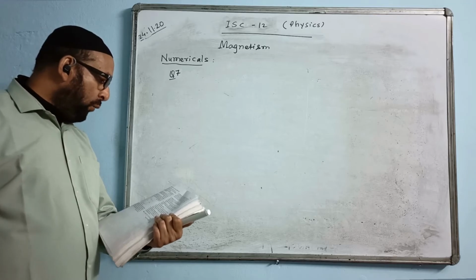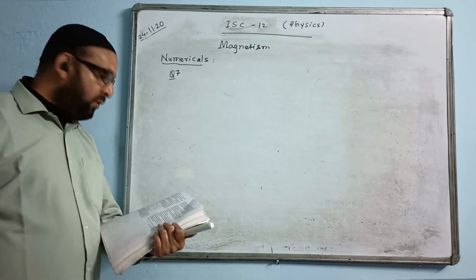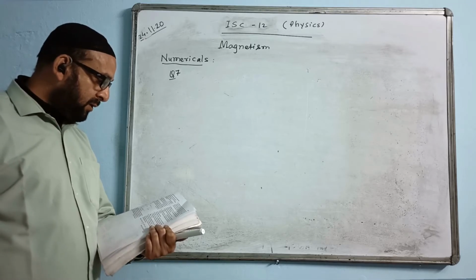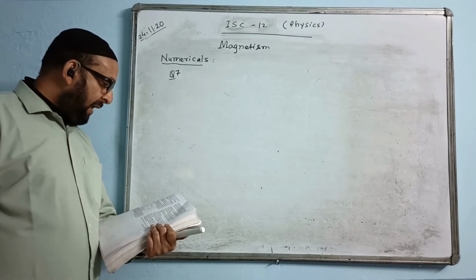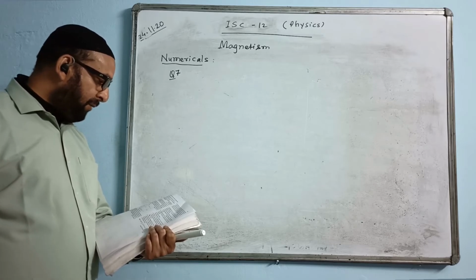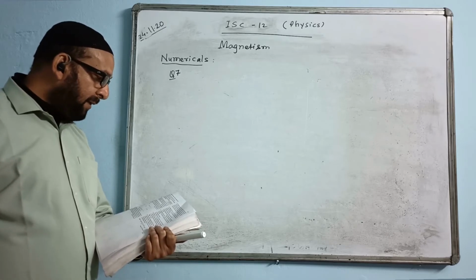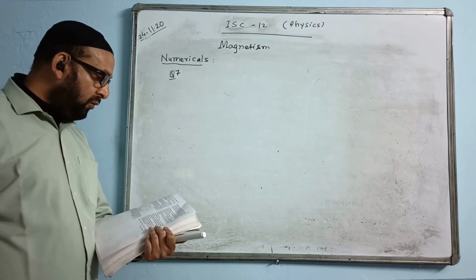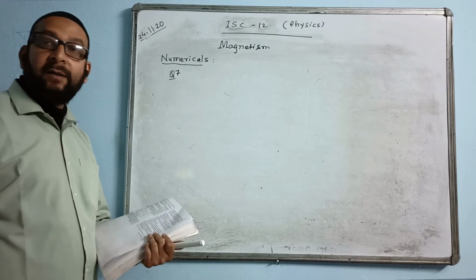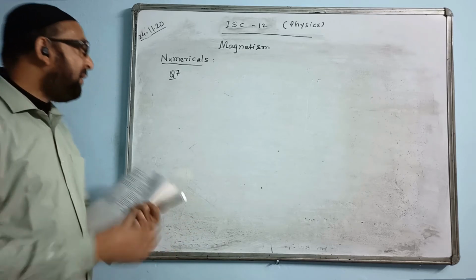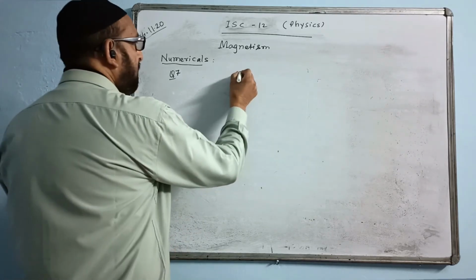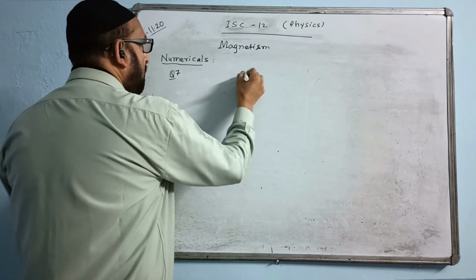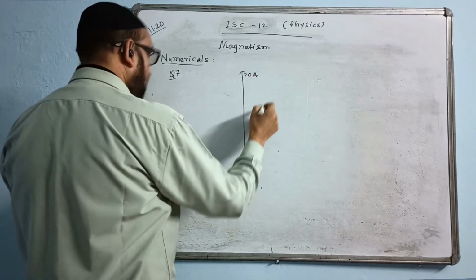The rectangular loop whose long edges are parallel to the wire X carries a current of 5 ampere. Find the magnitude and direction of the resultant force exerted on the loop due to the magnetic field of the wire X. And they have given a diagram also for this question. I'll tell you the exact question.